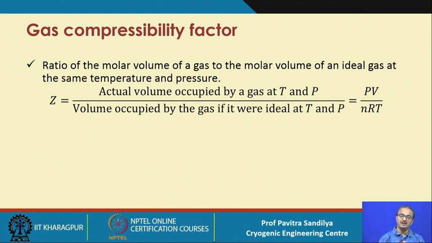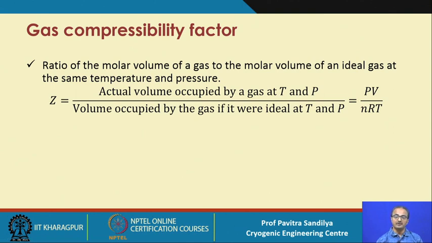It is defined as the ratio of the actual volume occupied by a gas at a certain temperature and pressure to the volume occupied by the same gas at the same temperature and pressure, provided that it were behaving ideally.